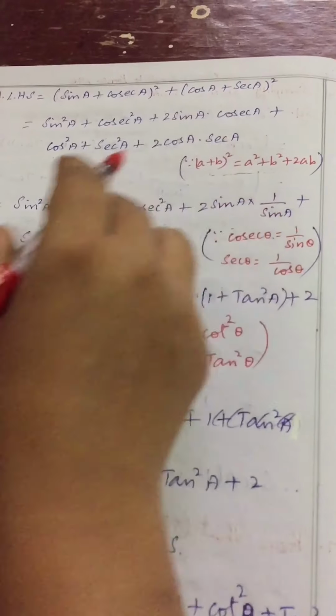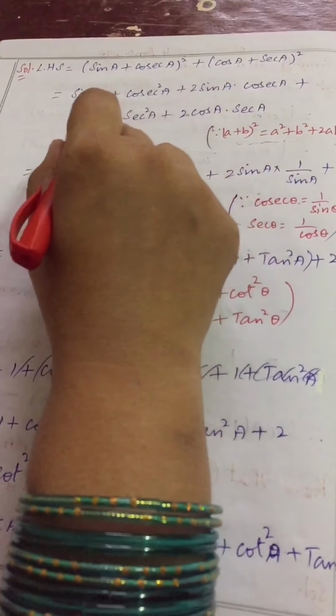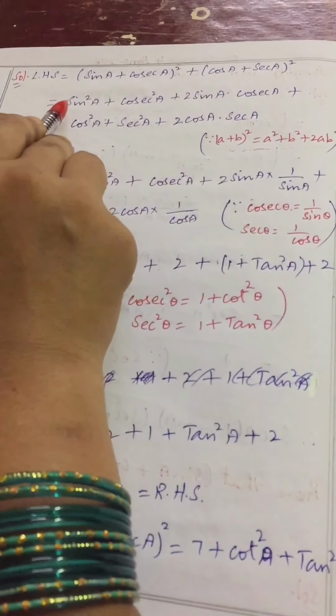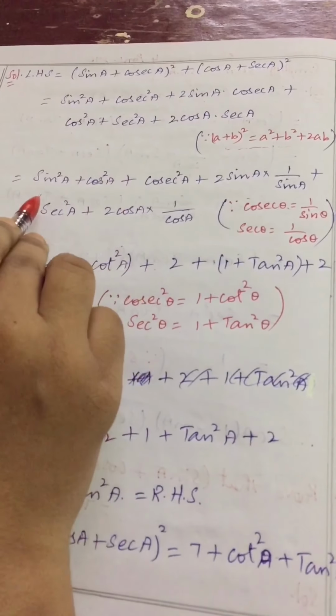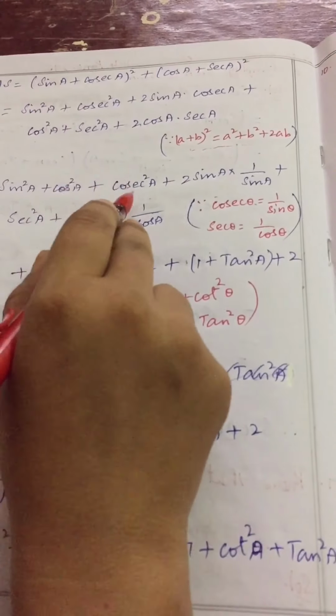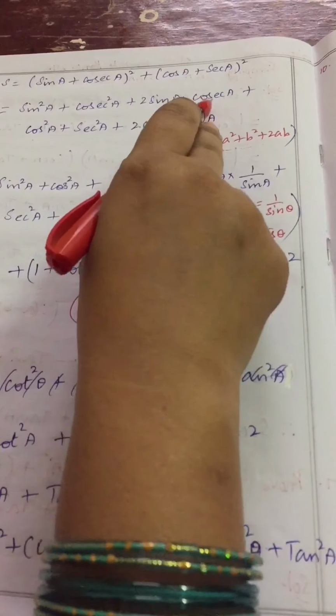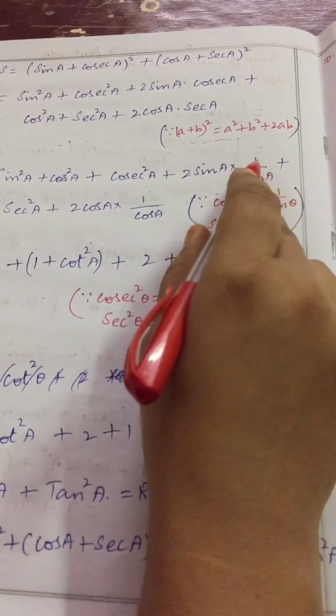Am I clear, children? Now see, in the full line, you can observe that sin and cos are there. We are keeping them at one side: sin square A plus cos square A, plus this cosecant square A as it is, plus 2 sin A into cosecant A. Can I write 1 by sin A? I am writing that only.